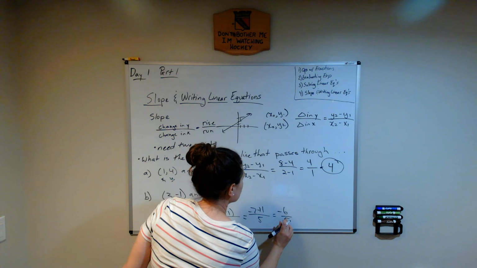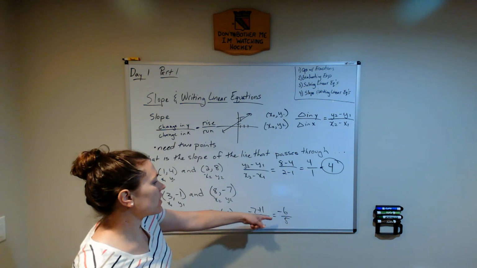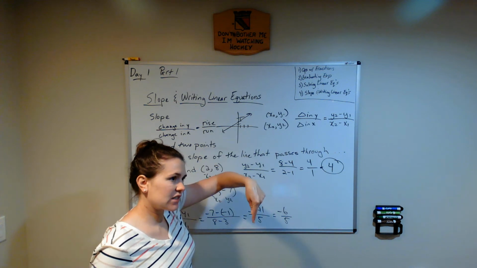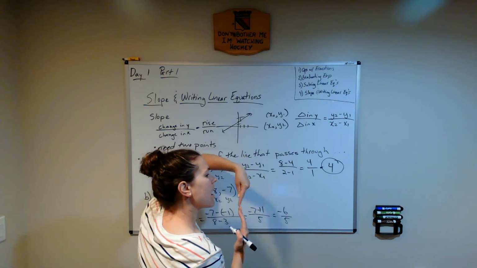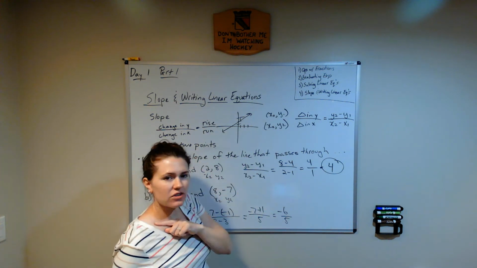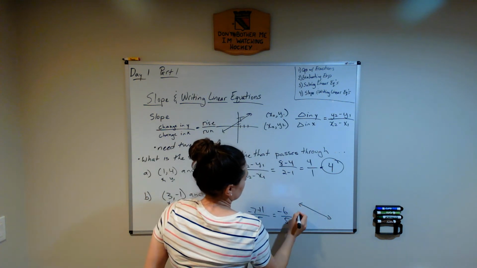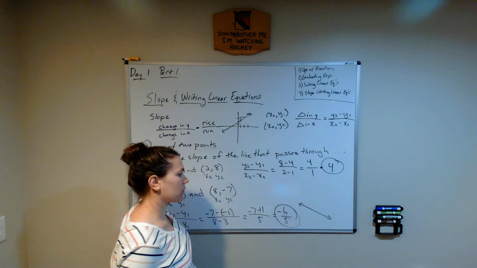And so we have a negative slope here, and what this means is y is going to move down 6 for every 5 units it moves horizontally to the right. So this slope is going to look something like this, okay?